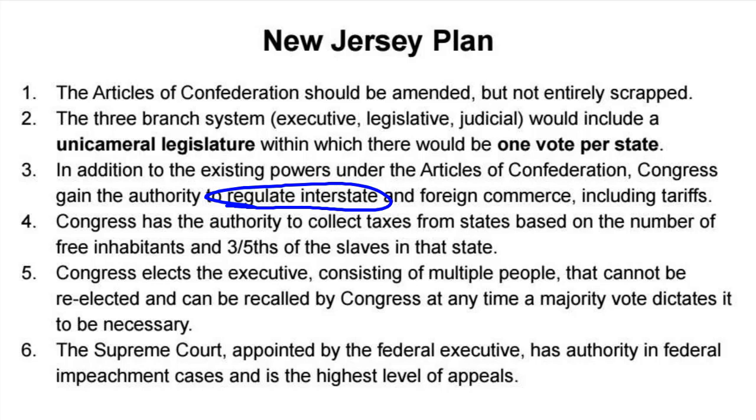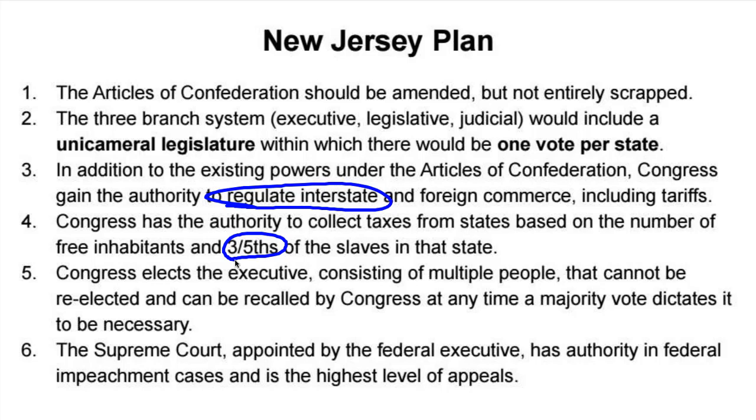Congress would have the authority to collect taxes from states based on the number of free inhabitants and 3/5 of the slaves in that state. This is part of the language where the 3/5 compromise later comes from. Congress would elect the executive, consisting of multiple people.